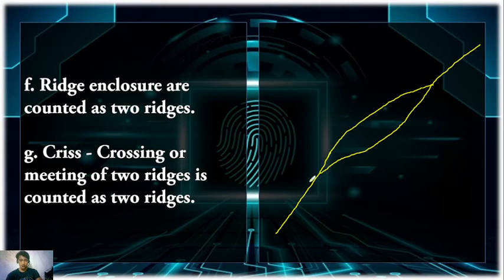So there is a single ridge, it bifurcates, and at a certain point they meet again. They form a point of convergence. Then they were able to create a ridge enclosure, or an eyelet, as we have said the last time.